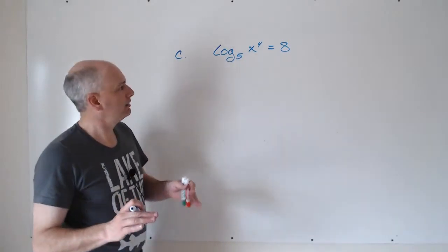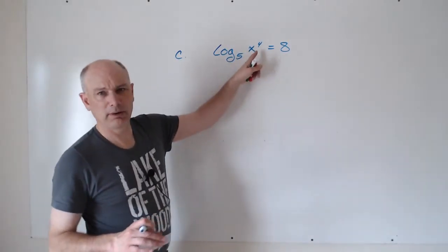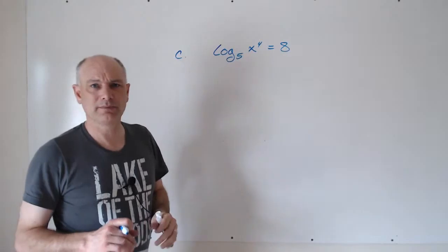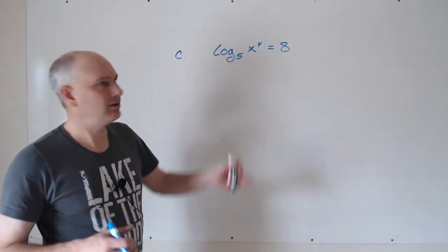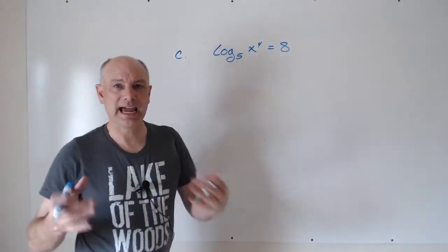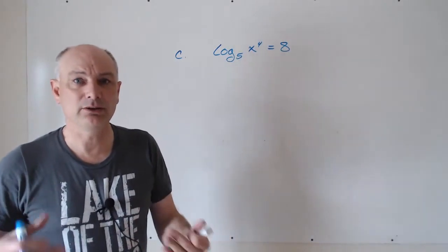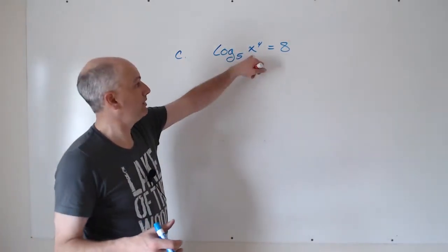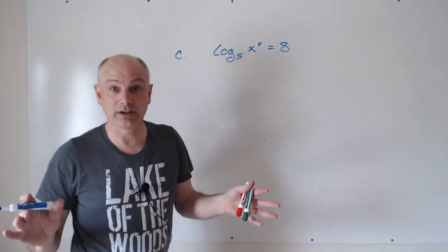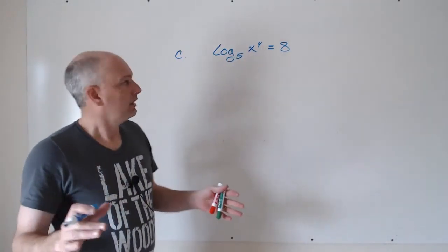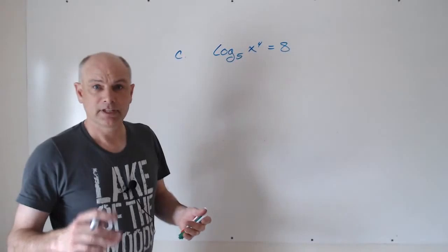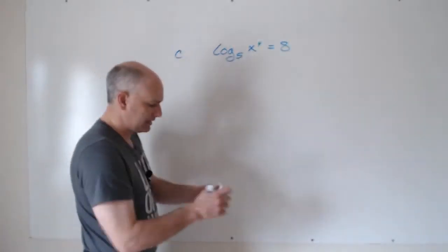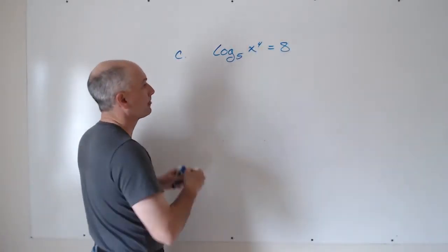But I'm seeing this x to the fourth power here. So I already know that anytime I take a logarithm of something, I have to be dealing with a value that's going to be greater than 0. So I know that this is going to be positive regardless. Now, I could convert. Let's take a look at it in that method first. Let's say I just convert in this mode.